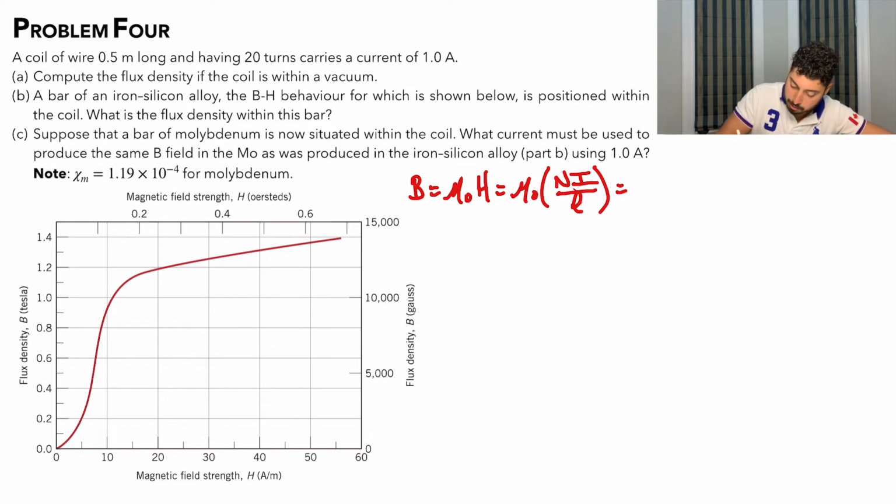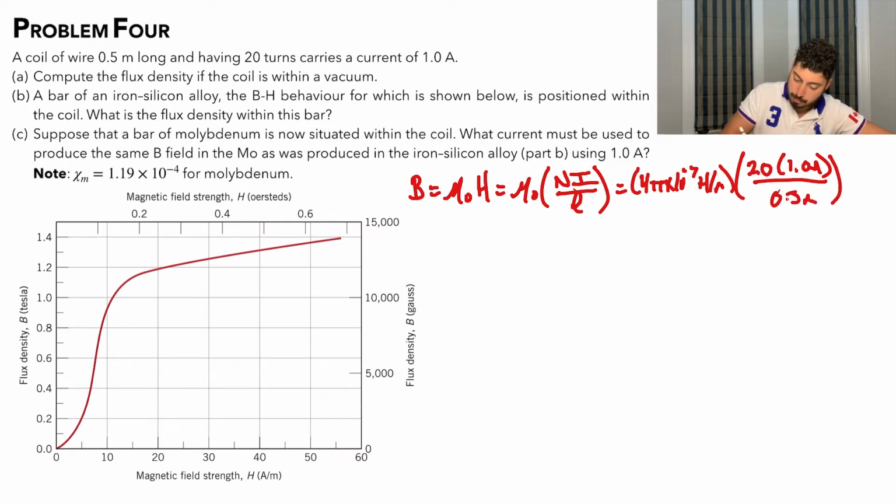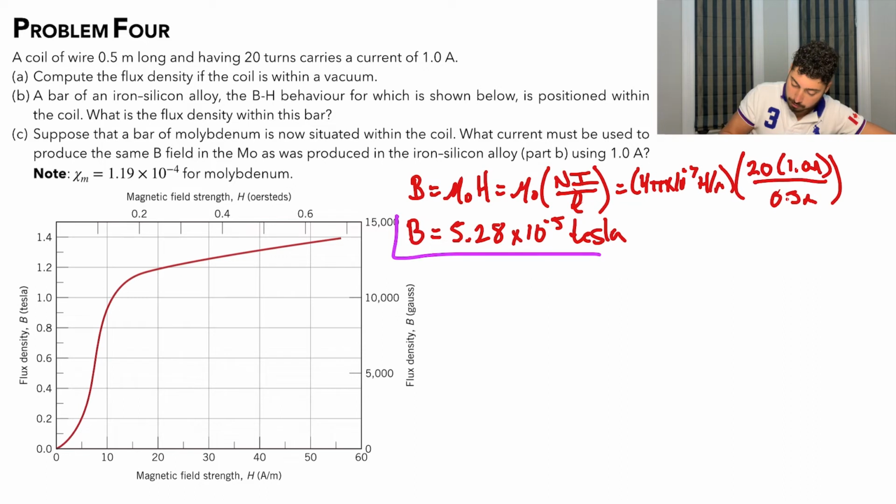Now simply substituting our values of 4 pi times 10 to the minus 7 henries per meter times 20 turns times 1 amp divided by 0.5 meters. Plugging all that in is going to give us a flux density of 5.28 times 10 to the minus 5 Teslas.